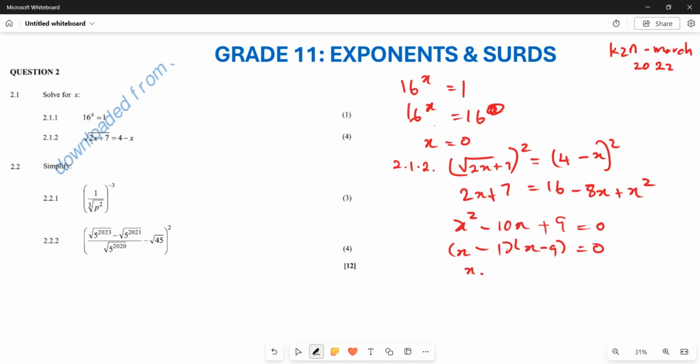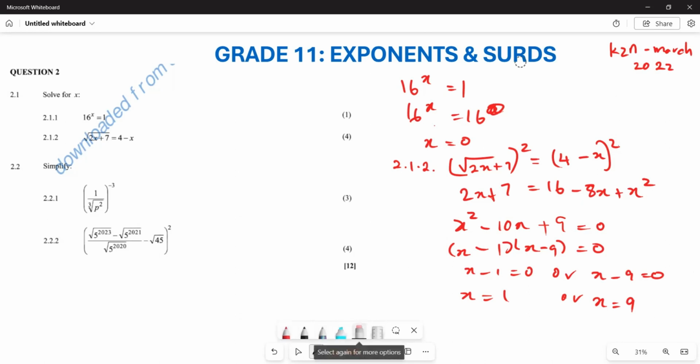So x subtract 1 is equal to 0, or x subtract 9 is equal to 0. Then you solve for x: x is equal to 1, or x is equal to 9, right? So basically, this is how you are going to solve this question.